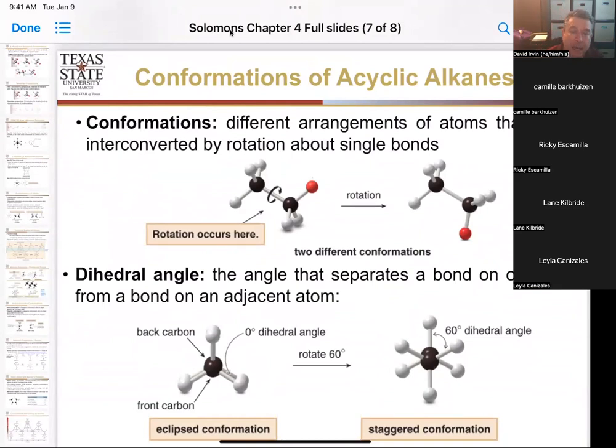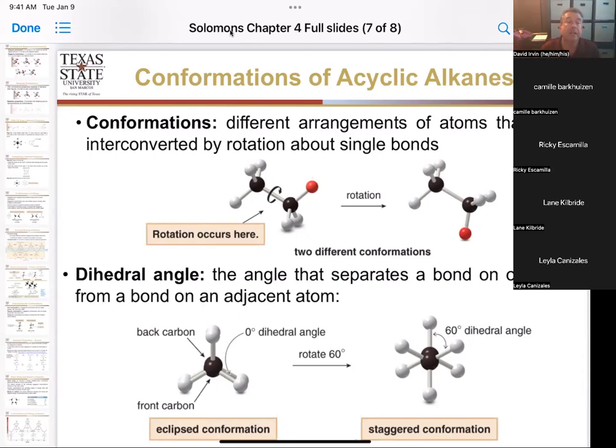Why do I say acyclic? Because when you put things into a ring, it constrains the conformation. It loses that free rotation around the sigma bond. Remember, a sigma bond is just 2 electrons shared between 2 atoms, meaning that the other atoms attached to those carbons can rotate back and forth and rotate around.